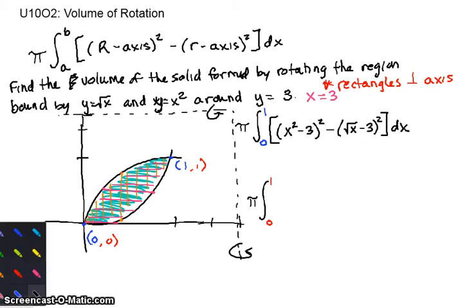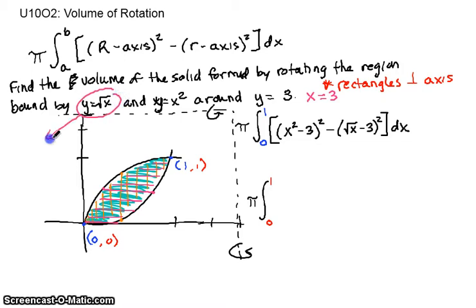So we want to take our original functions and change them. This is going to turn into x equals y squared, and this is going to turn into x equals the square root of y. Those are our new functions. That's what we're going to want to use for our integration, because we have to go with respect to y.